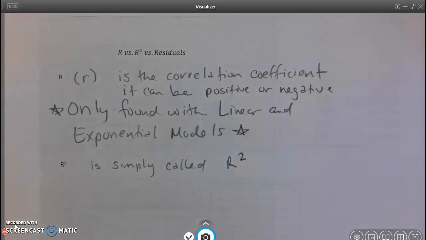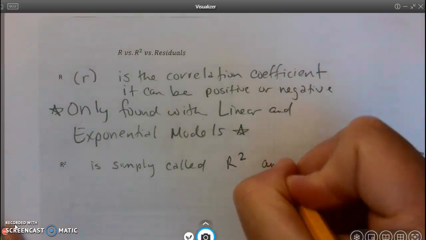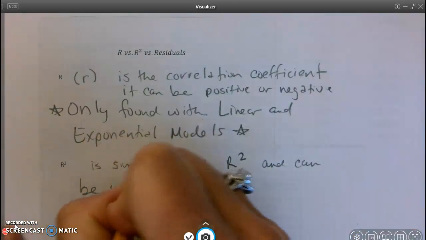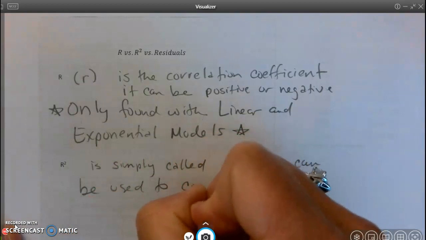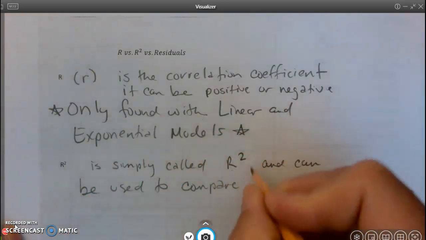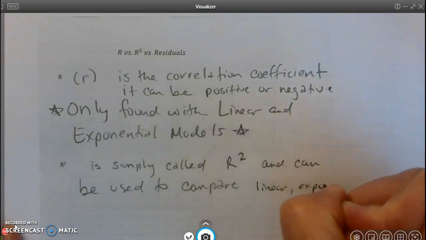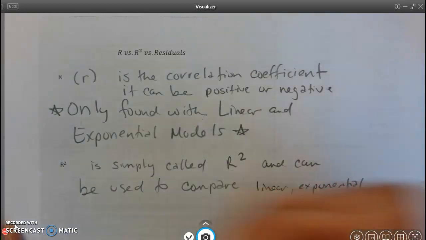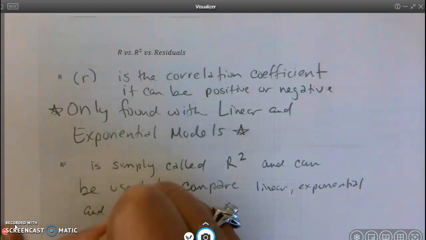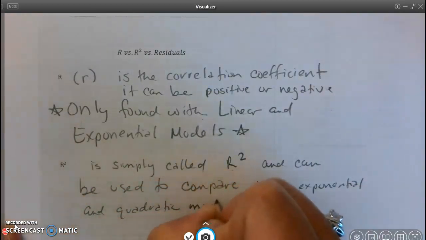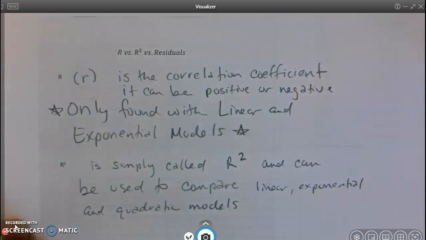R squared is simply R squared and can be used to compare linear, exponential, and quadratic models. Because all three of them have an R squared.